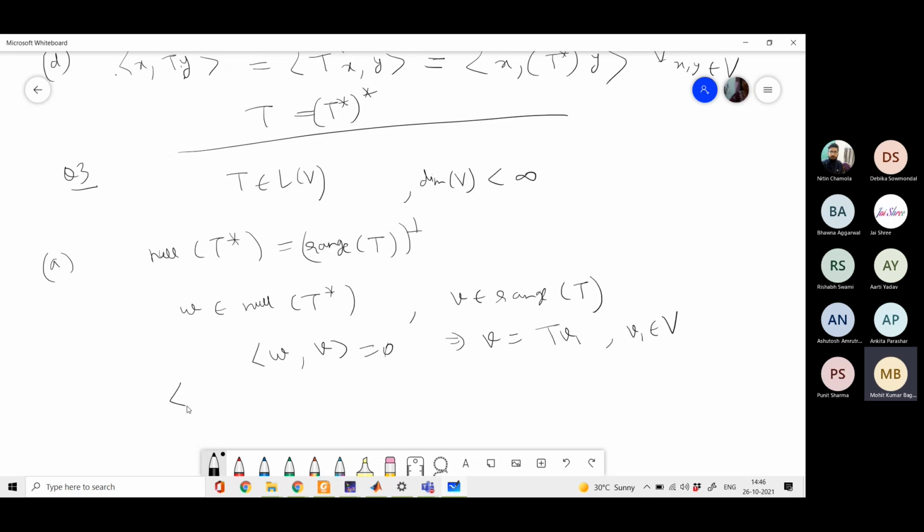Then using the adjoint, you can write this as <T*W, V1>, and since W is in the null space of T*, it is 0. So you're done, right? Yes, sir.